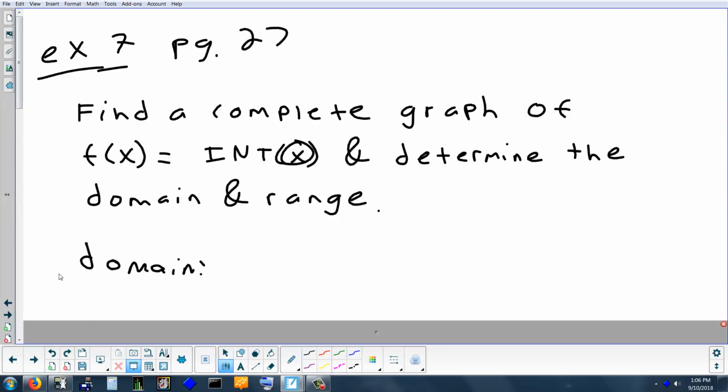Is it all real numbers? All numbers, yeah. You can find the greatest integer for a fraction, decimals, positives, negatives, 0. Even pi, something irrational. The greatest integer less than or equal to pi is 3.